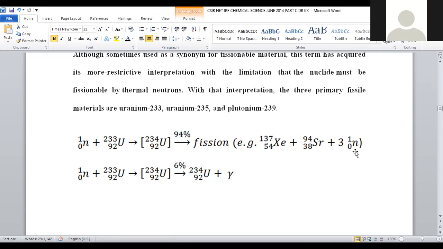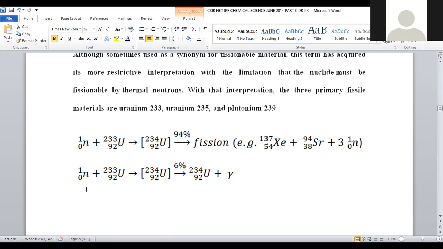These three thermal neutrons facilitate the chain reaction further, and the nuclear fission continues. So uranium-233 participates in this kind of fission. But 94% of uranium-233 proceeds with this nuclear fission reaction, and the other 6%, when bombarded with a neutron, participates in absorption rather than fission.